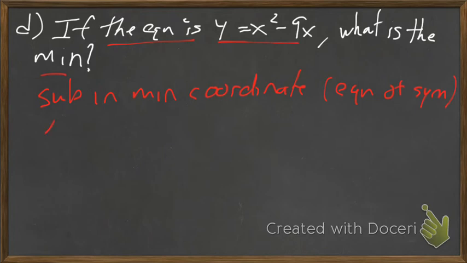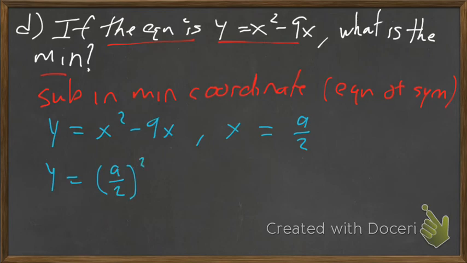So x is equal to, let me change the color up here. I'll write out the equation. Y is equal to x squared minus 9x. X is equal to 9 over 2. So it gets kind of messy here because we're going to have fractions being squared. What are we going to end up with here? So when I multiply this out, that becomes 81 over 2.